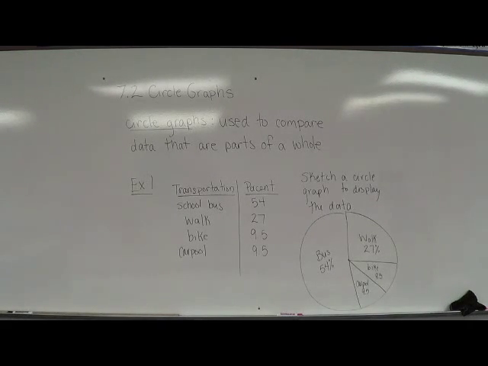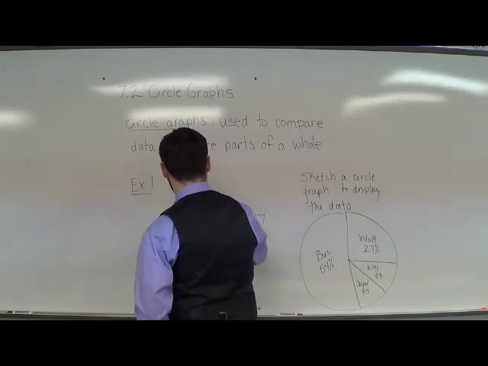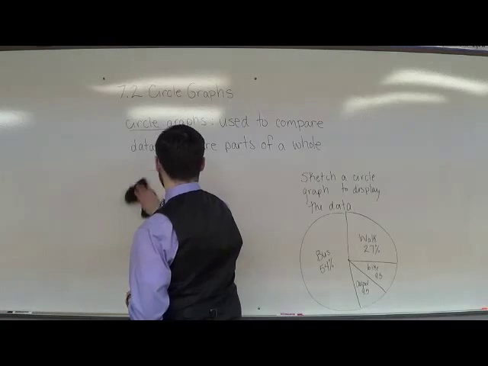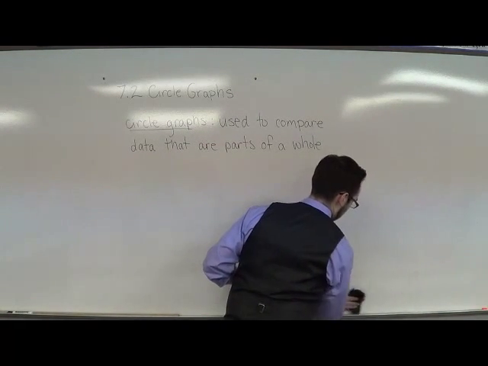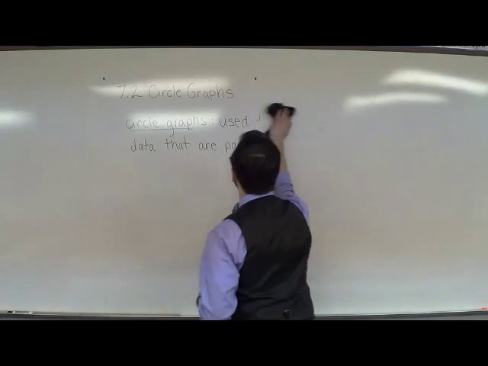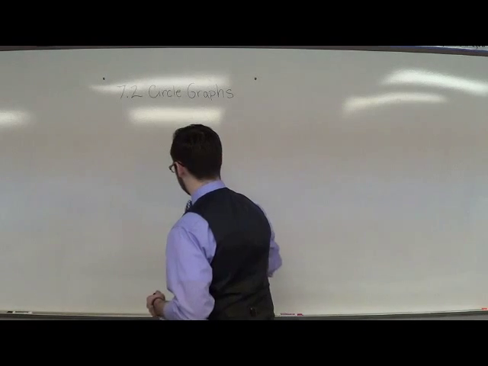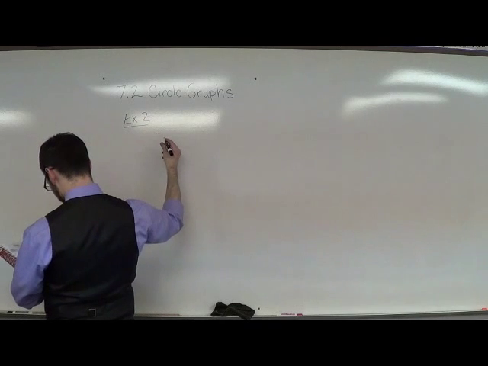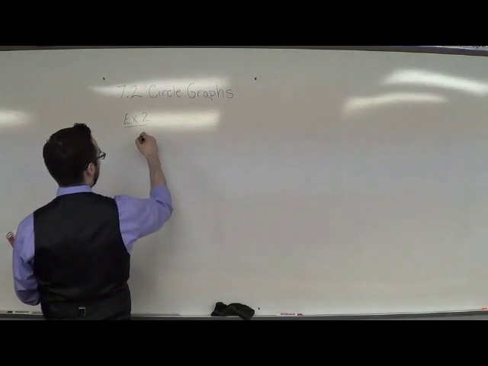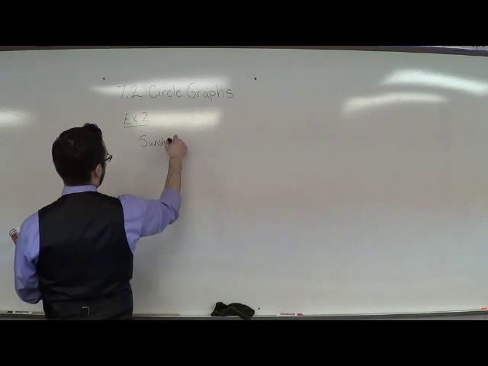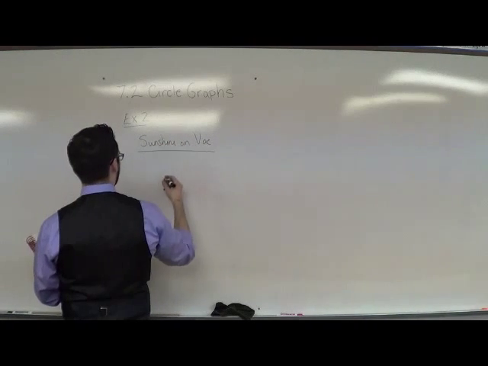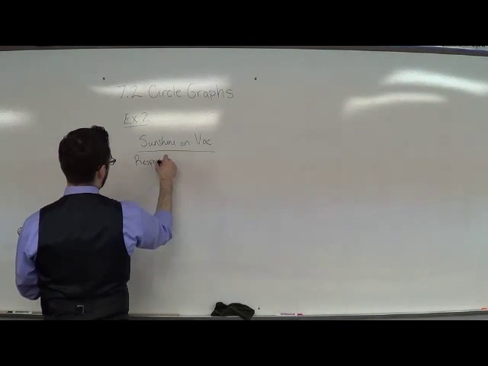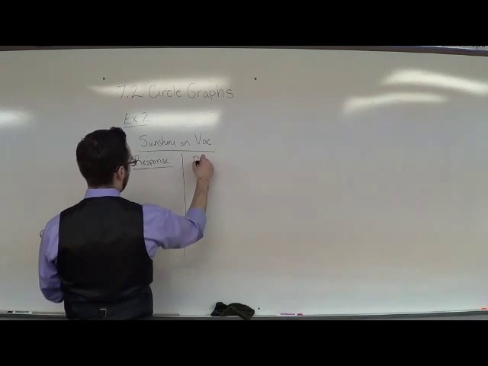So let's go ahead and create one more circle graph. This is people who wanted sunshine on vacation, and these are their responses, and this is the percent again.